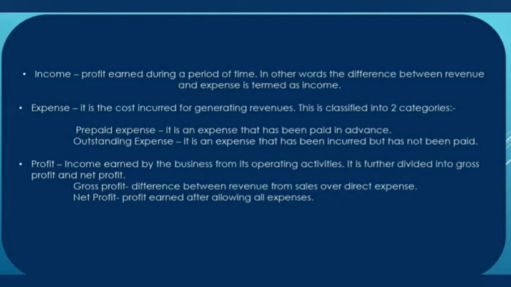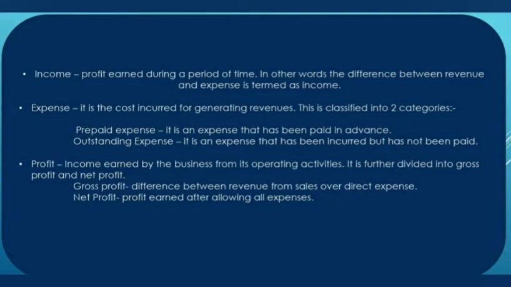The difference between prepaid and outstanding is, in prepaid, the payment is made in advance and the expense occurs later, or the benefit you get is in the later years. Whereas in the case of outstanding expense, you incur the expense first and you pay for that later. Okay, so prepaid is paid well in advance, and outstanding is you incur the expense and then you pay the money.